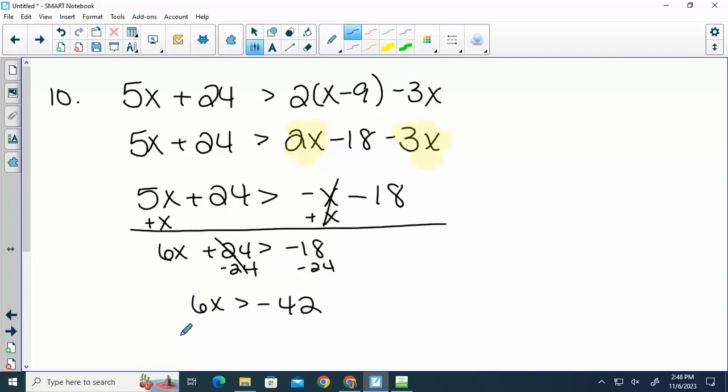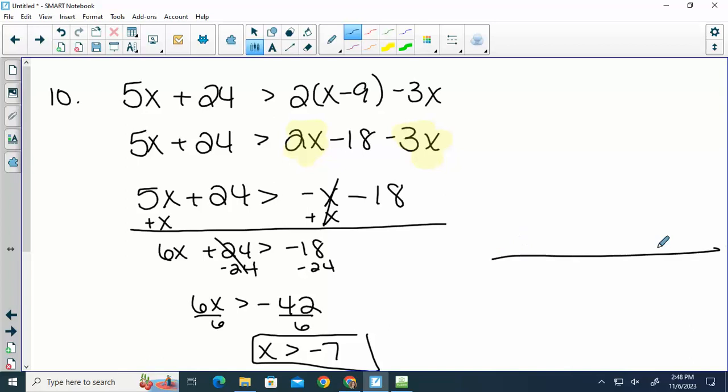Okay, so then the final step to get x by itself, divide by 6, so x is greater than negative 6. So on our number line, there would be an open circle at negative 7, going to the right. Is that okay? Yeah, absolutely.